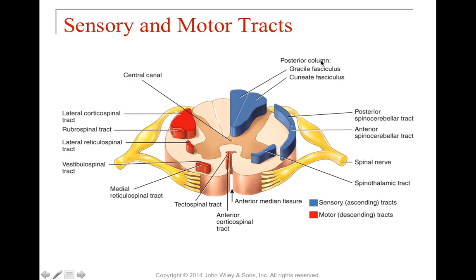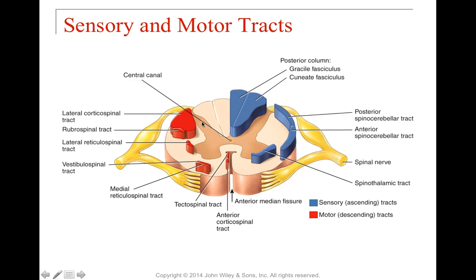In the posterior column, we have the gracile fasciculus, and then the cuneate fasciculus. On this side over here, we have the posterior spinocerebellar tract and the anterior spinocerebellar tract. These are going to be on the lateral region of the spinal column. These are the spinal nerves. Obviously, they start from the spinal rootlets that then run into the spinal nerves.